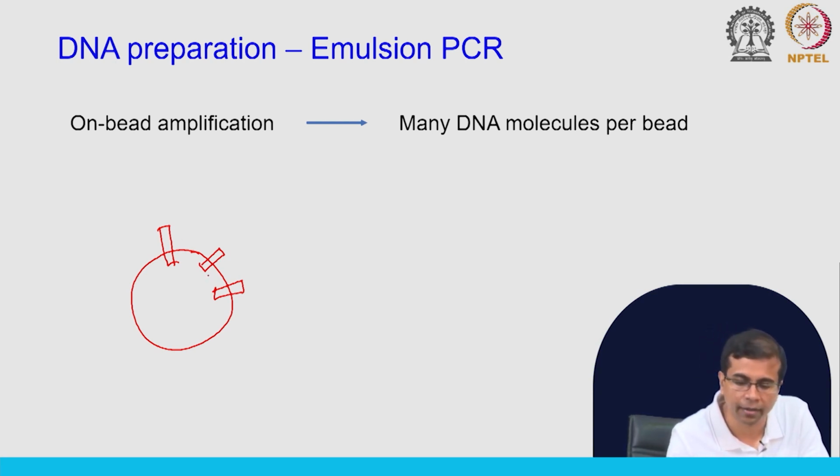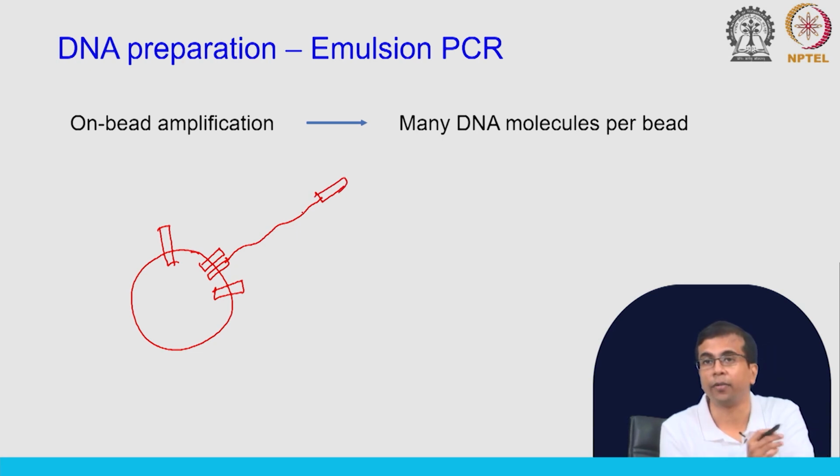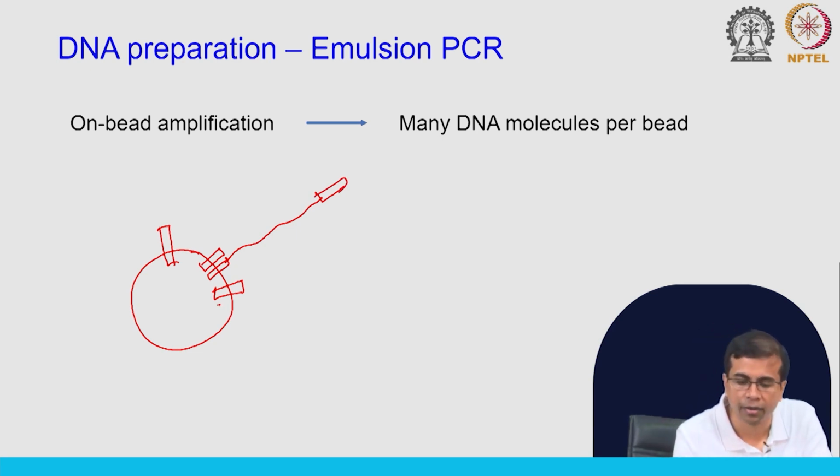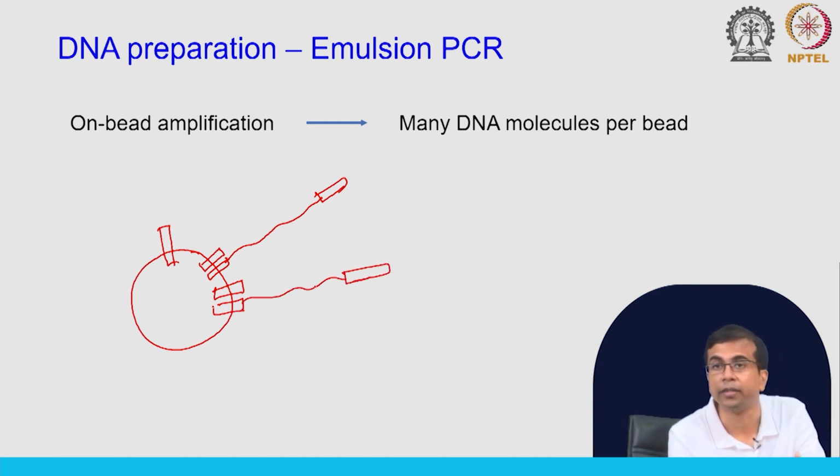So, what will happen is that some of these DNA molecules will come and bind. One adapter will be complementary, so they will form this double stranded part. Now, once this is done, what you can do is then synthesize.